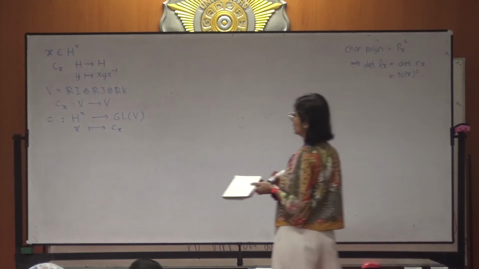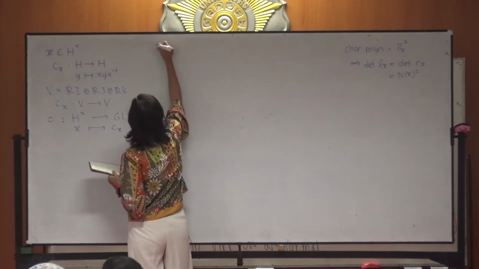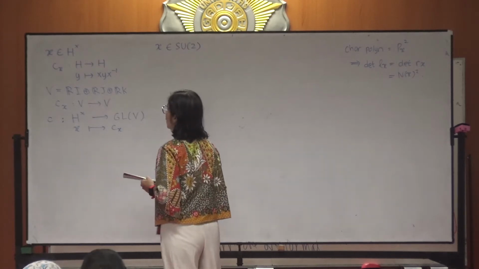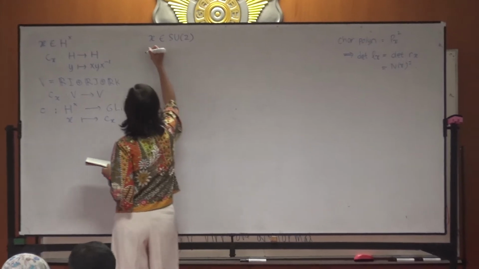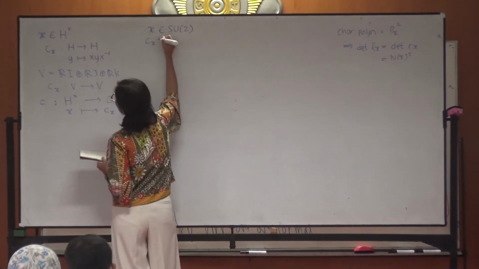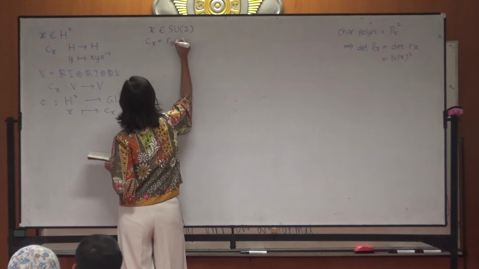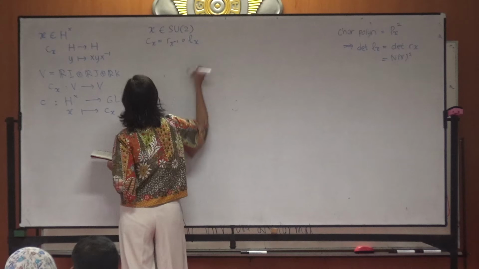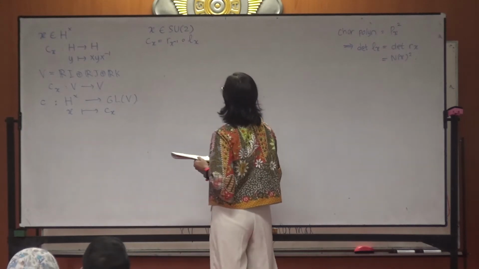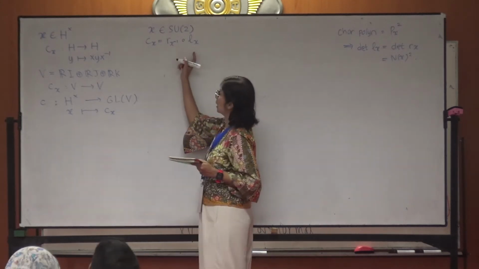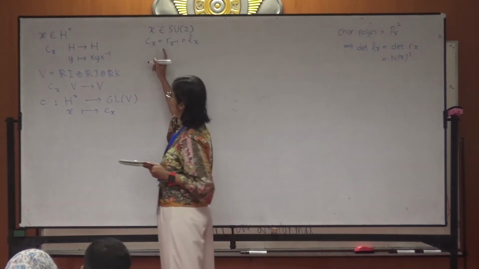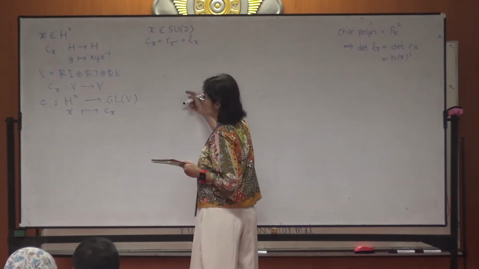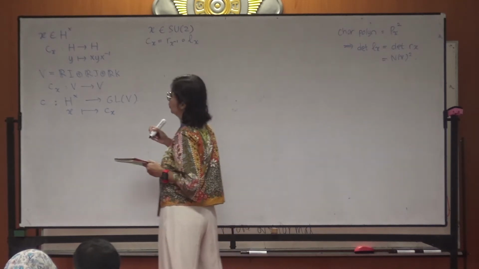And now when x is in SU2, because C_x is the composition of R_x inverse and L_x, and we have seen that these two maps are orthogonal, it means that C_x is also orthogonal and has determinant 1 by that formula.